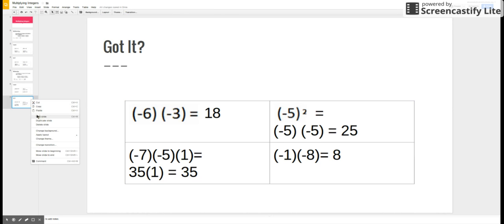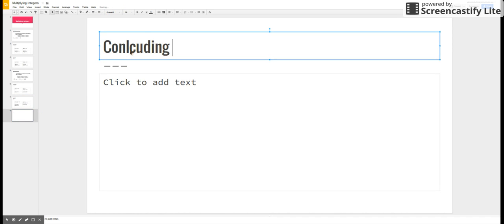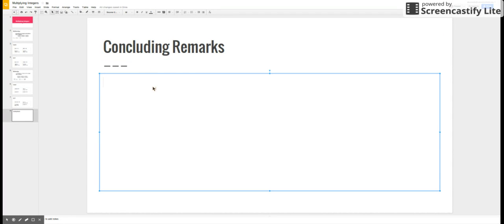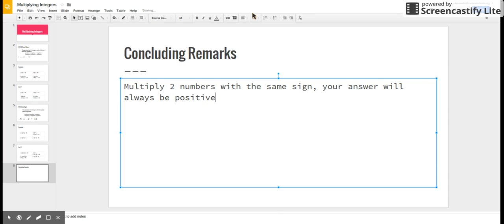All right, so some concluding remarks. When you multiply two numbers with the same sign, your answer will always be positive.